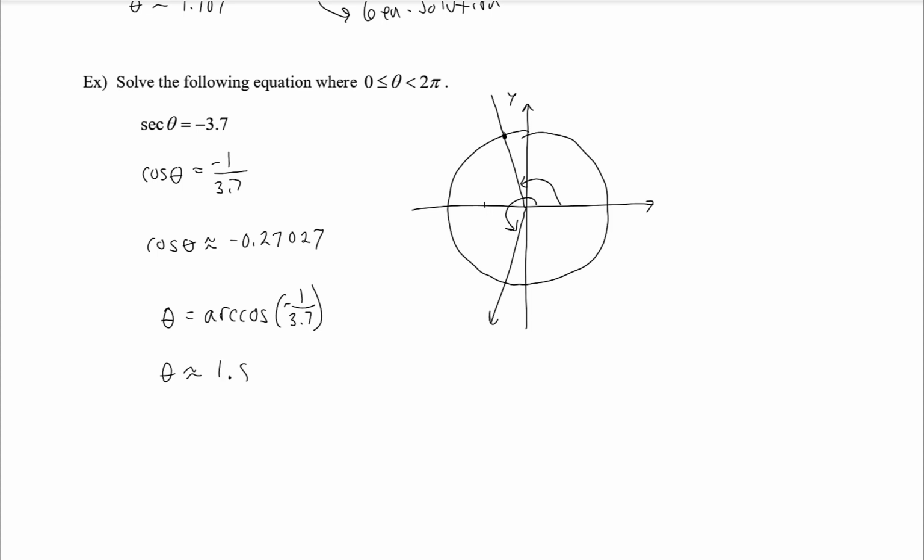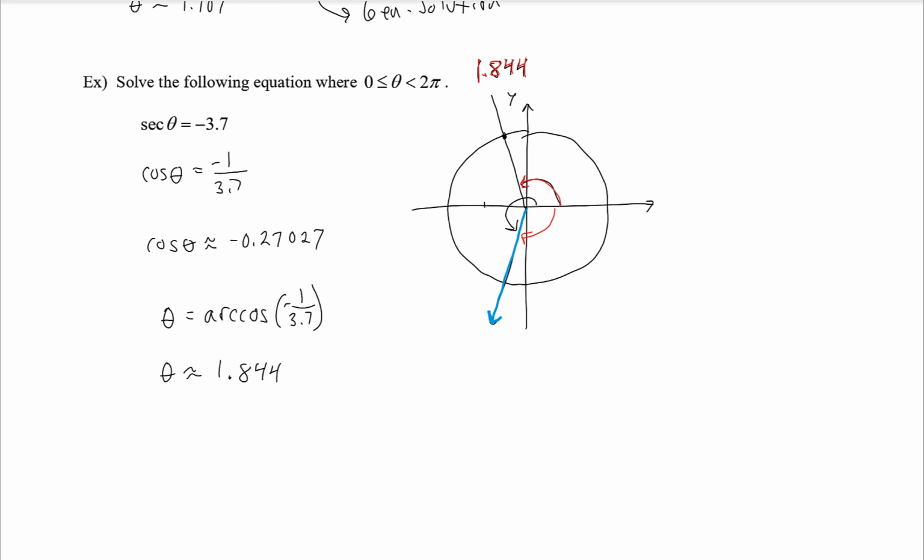It gives me 1.844 radians. That's this one. It's 1.844 radians. And then to get this one here, this blue terminal side, well, let's think about this for a sec. 1.844, that's this angle, which means it's also this angle, but negative.